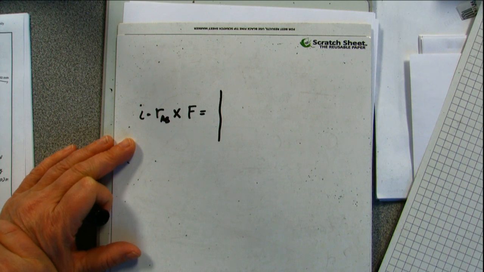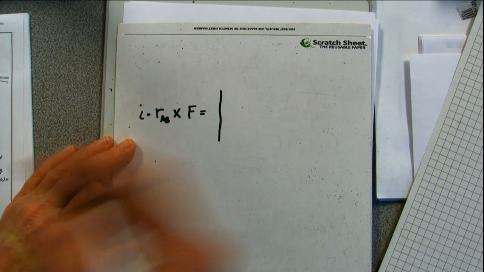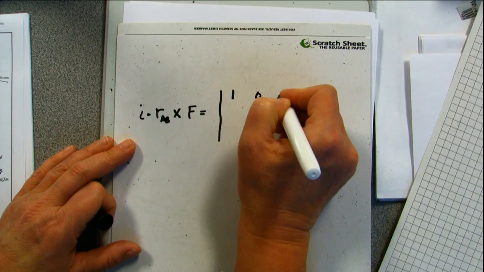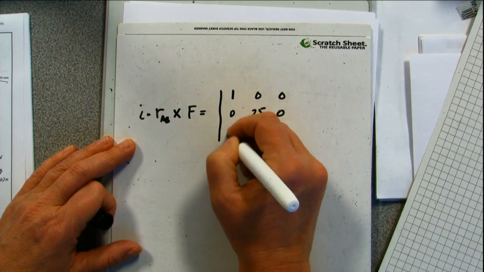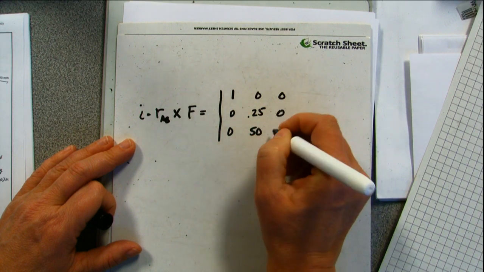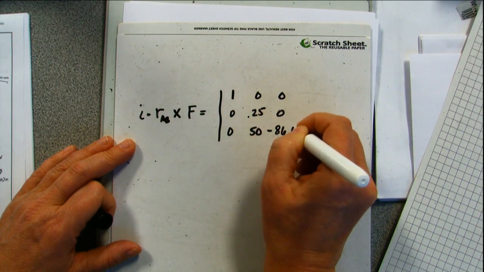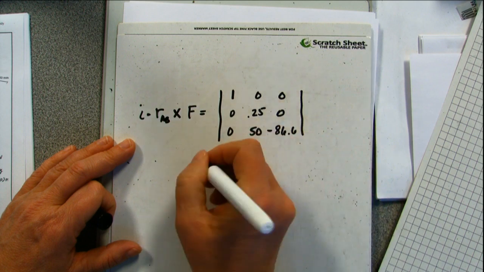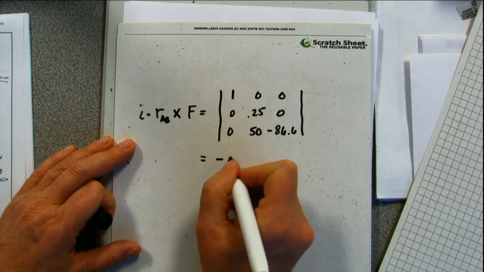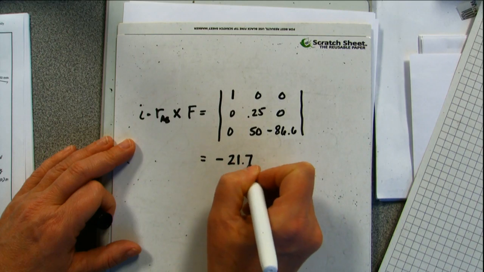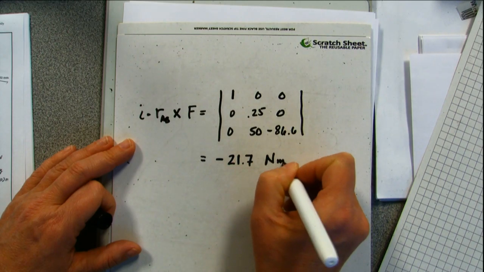Because we want to do it about the I direction. So this gives me 1, 0, 0, 0, 0.25, 0, 0, 50, minus 86.6. And that ends up being minus 21.7 Newton meters.